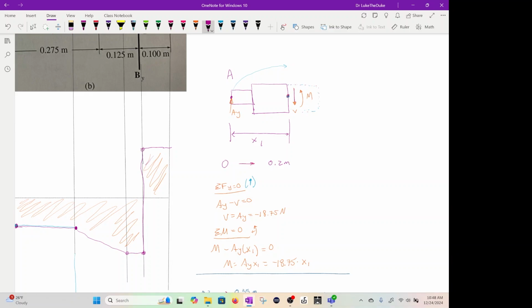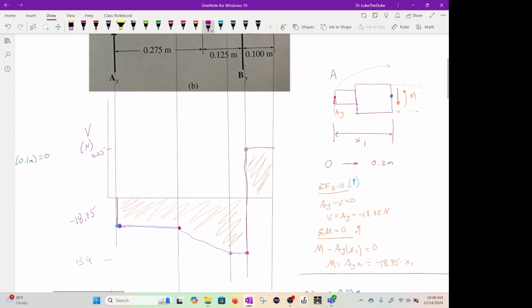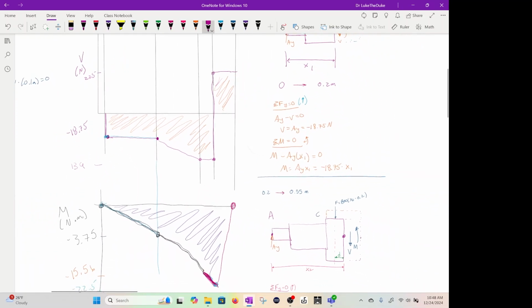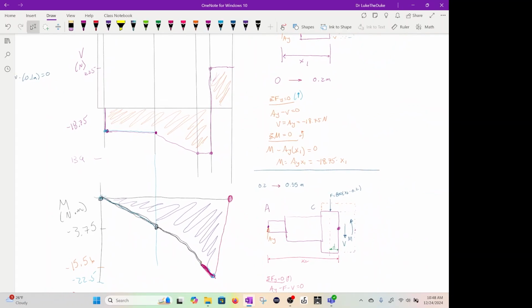Again, look at the section you're looking at, draw your free body diagram, label your x, sum the forces, sum the moments. And then over here we have the shear and moment diagram, like a sketch I did before I did it on the computer.